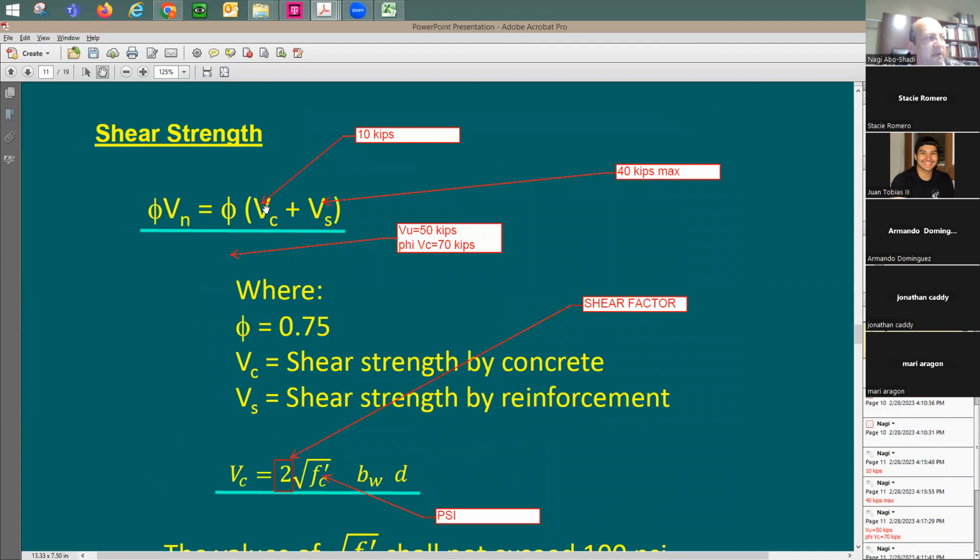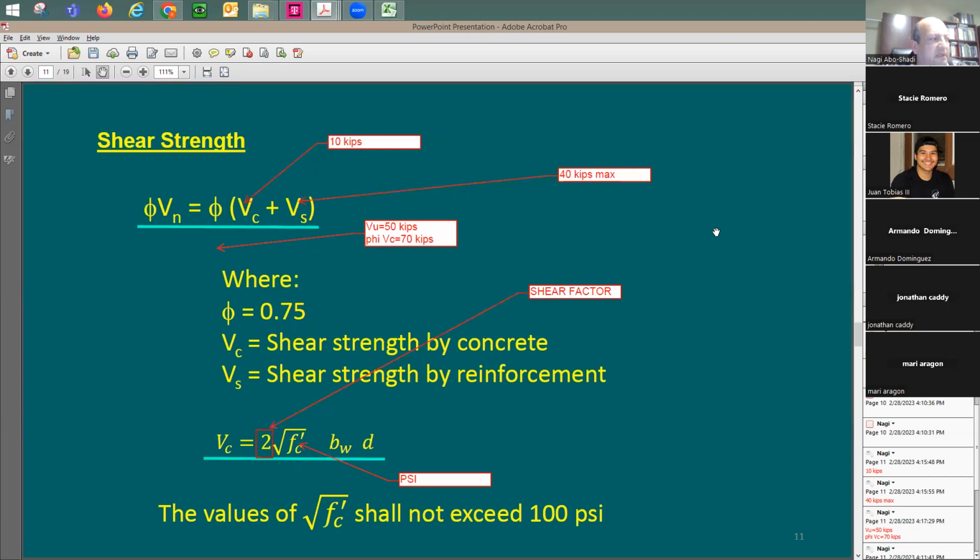Coming from only the concrete. This means I don't need any steel. Why? Because I have enough strength in the concrete for the demand. Your demand is only 50 kips. Concrete gives you 70. So concrete gives you higher than what you need. Now the question is, do you really need to add any ties to your beam, or can you just put the beam without any stirrups or ties?